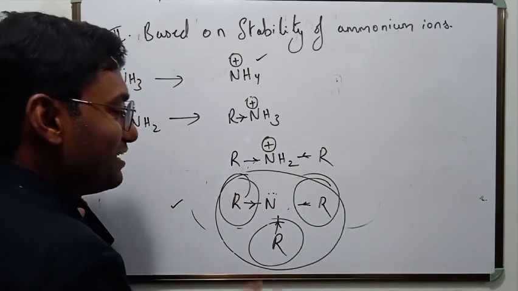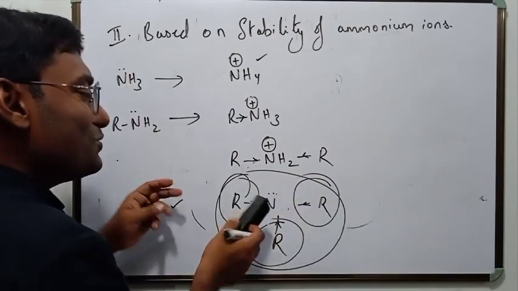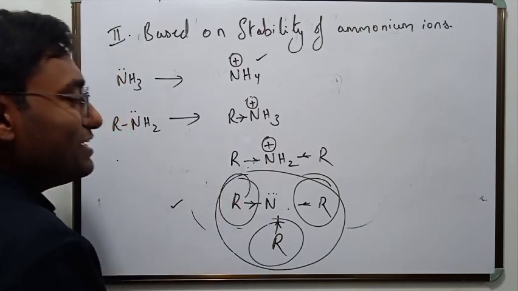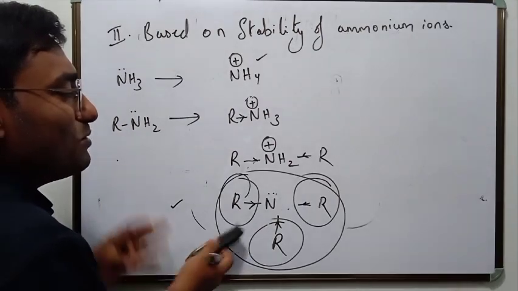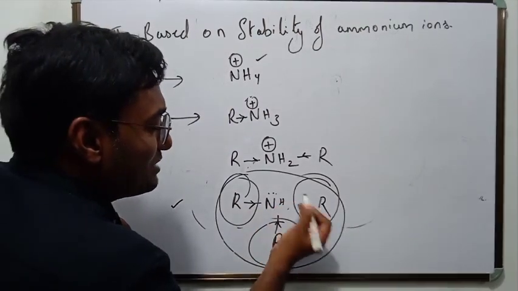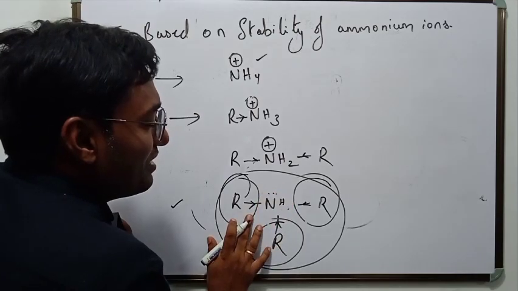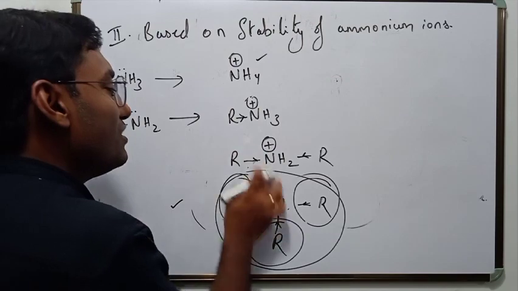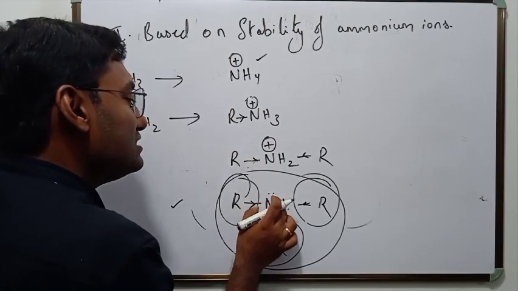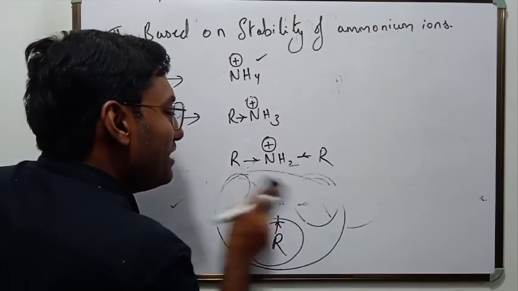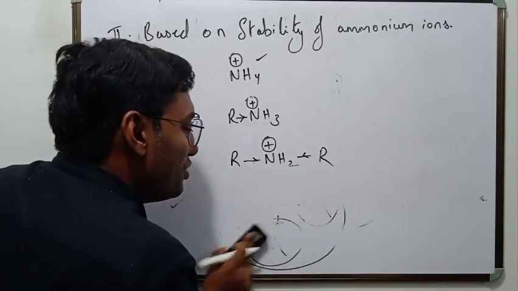Because the first step has not taken place, why should we talk about the second step? When H comes it would be favorable, but there is no chance of the proton attacking this owing to the steric hindrance. So here also the tertiary amine loses.